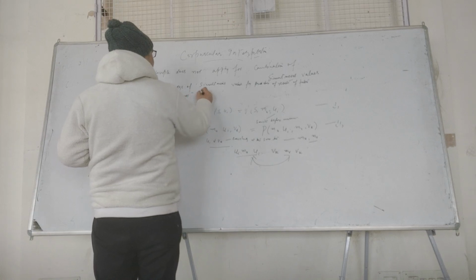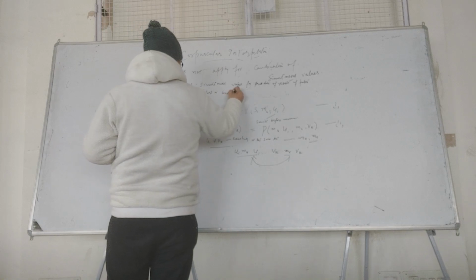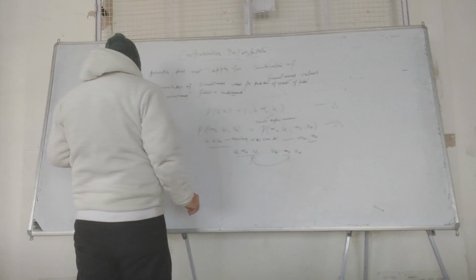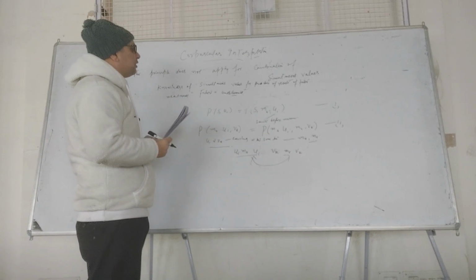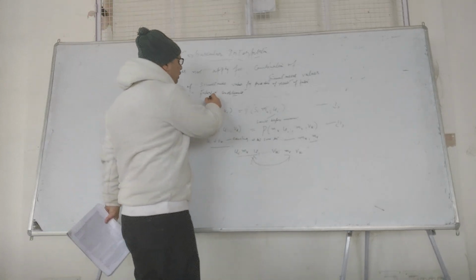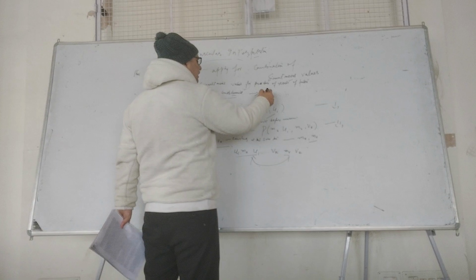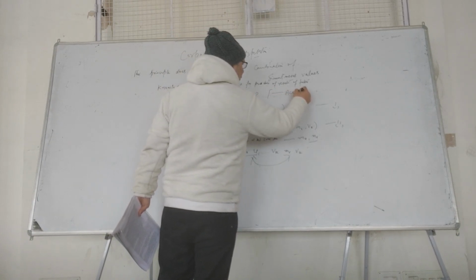So the future is undetermined. Future is undetermined. Why? Because the knowledge acquired is no longer valid for the affairs. So the knowledge you have acquired is no longer valid the moment it was acquired.